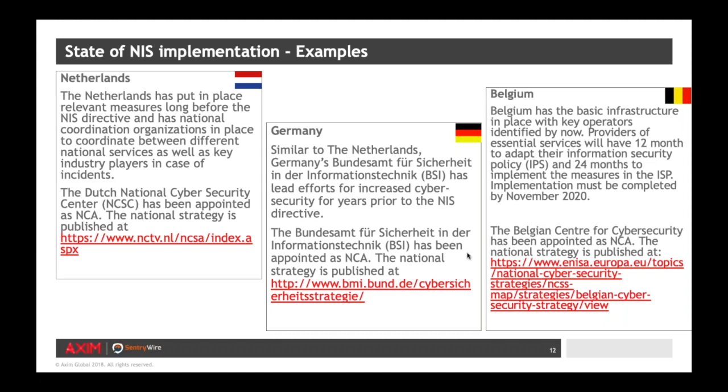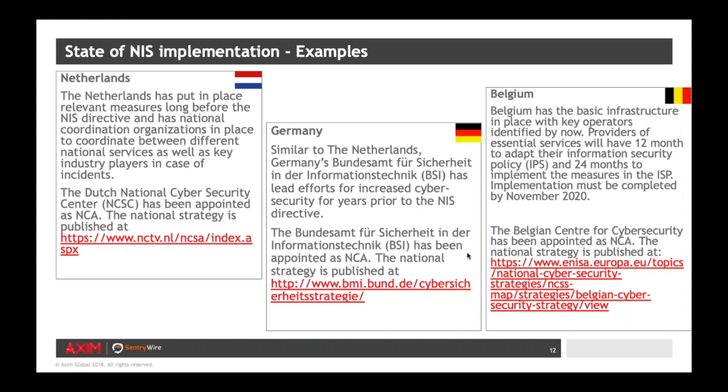So the NCSC has also been appointed as the national competent authority now for the implementation of the directive in the Netherlands. But here's an example of one of the member states that has got capabilities in place and is now using these capabilities to put in place the additional capabilities that are needed under the NIS regulation.